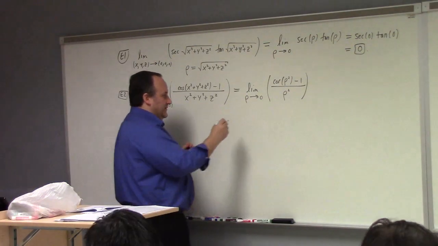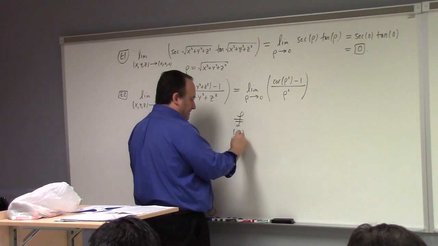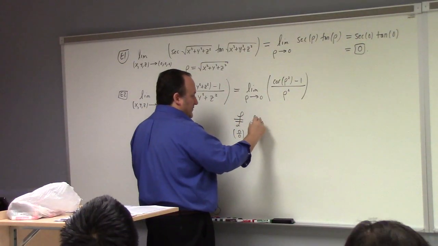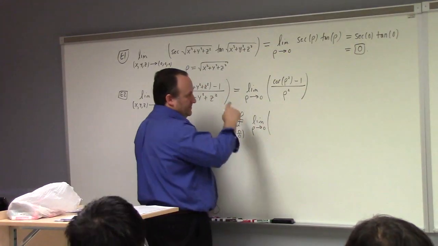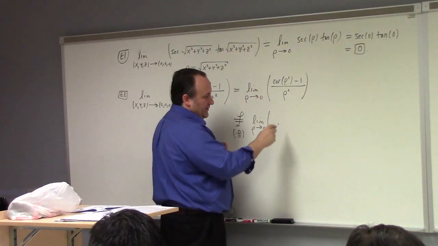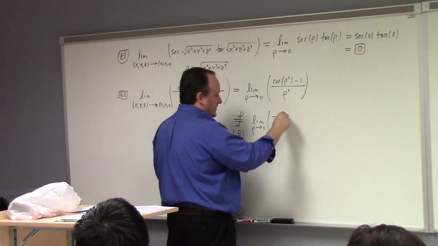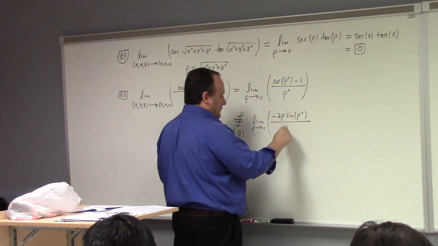So we can use L'Hopital's rule. Here's my notation for that. This is type 0 over 0. And L'Hopital's rule says what? Take the derivative of the top and the bottom, right? Exactly. So we got what? We got minus 2 rho sine of rho squared divided by 2 rho.